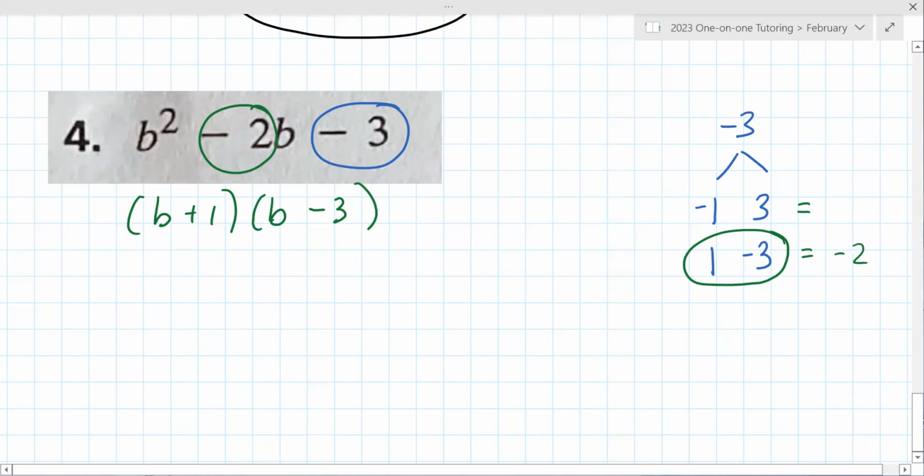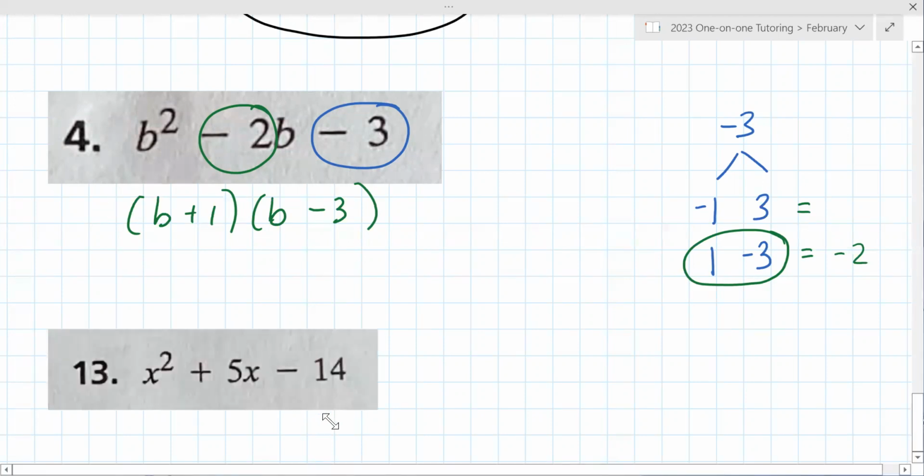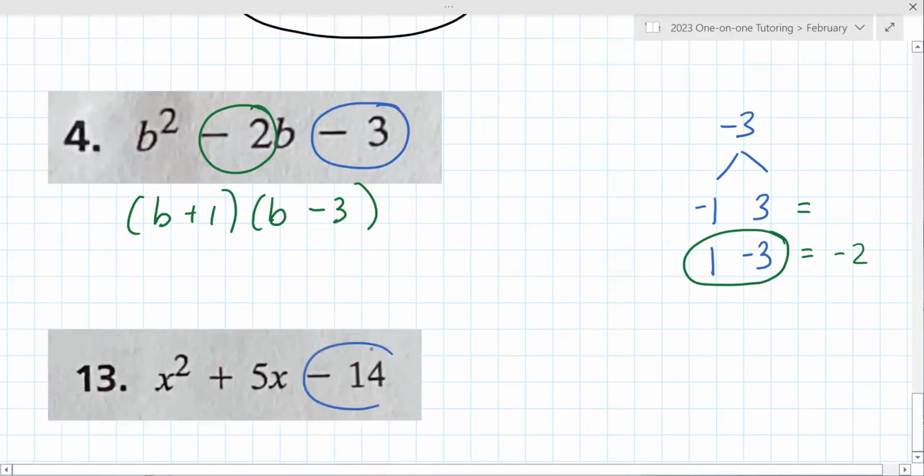All right, so let's look at another one here. Let's look at 13. I believe 13 is next. So now you look at -14. You look at that last number there.